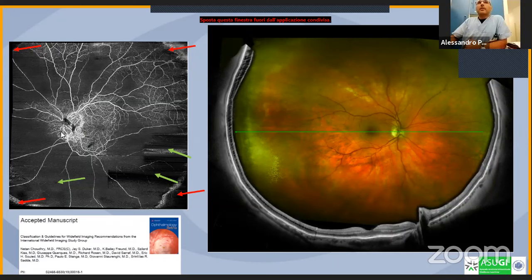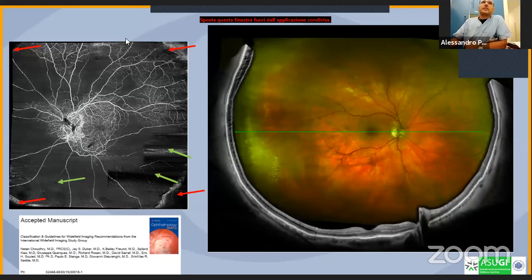So we can go into the very extreme periphery, and it's not necessary to make a mosaic and a full reconstruction. We can make a scan just in the area that we need to investigate. This idea follows Heidelberg, and Heidelberg with the scan planning tool permits us to plan a scan in an area of interest.